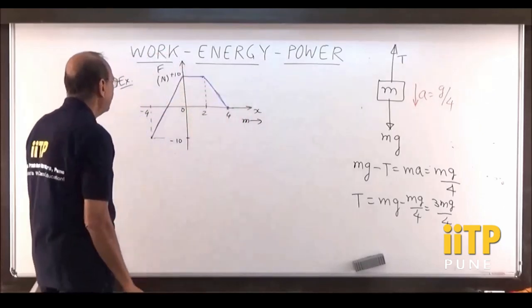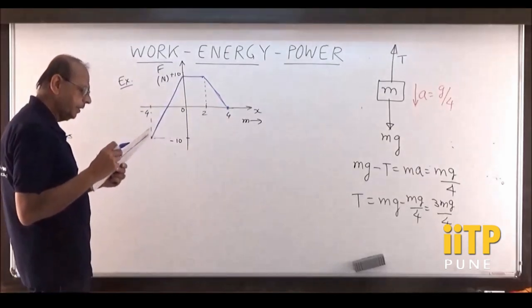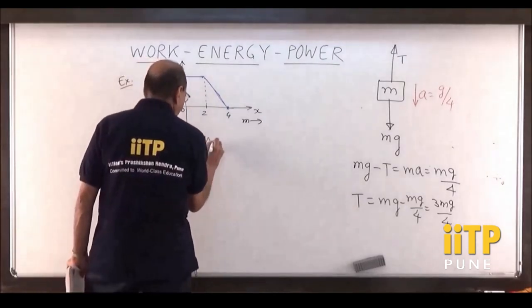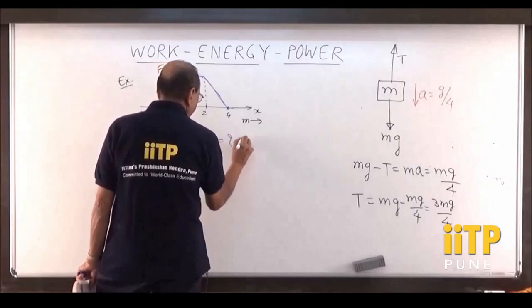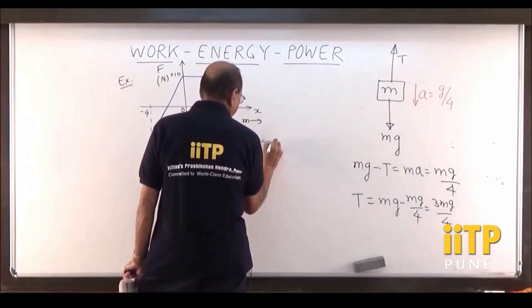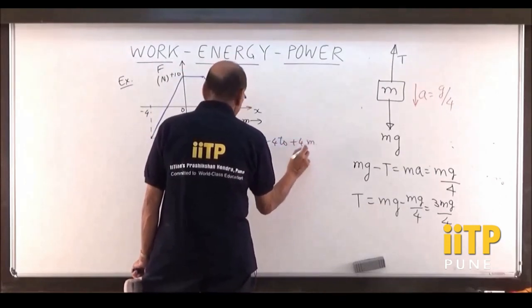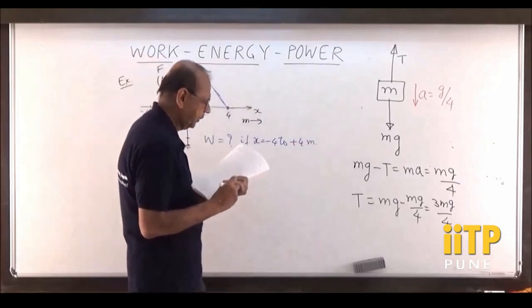So we have been given a graph of force versus displacement, and the question is to find the work done on the particle from x equal to minus 4 to x equal to plus 4. If x varies from minus 4 meters to plus 4 meters, what is the work done?